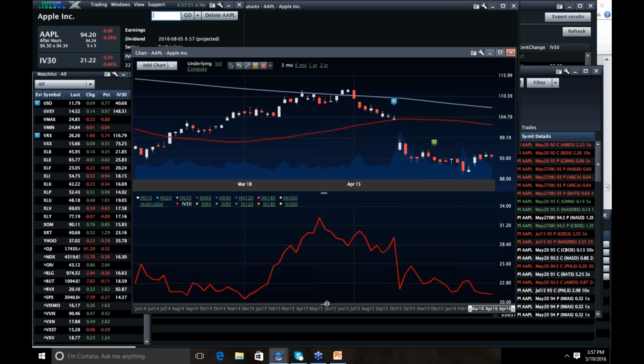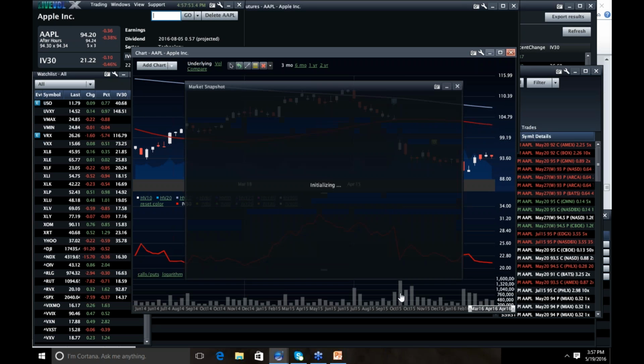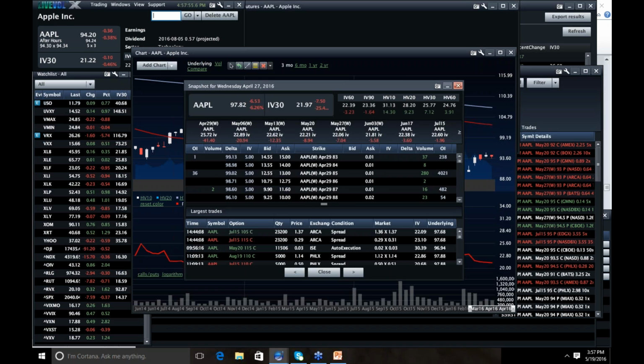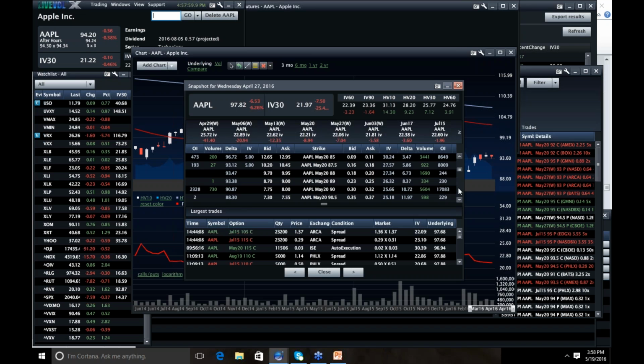Let's look at the May 95 puts. You could buy the May 95 puts for $1.25 on April 27th after earnings. It's down 6%. I could buy the May 97 puts for under $2 after it just dropped $6. And these had 3 weeks to go.